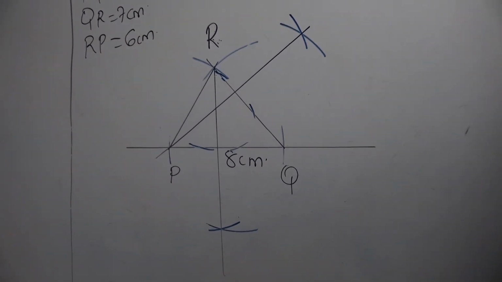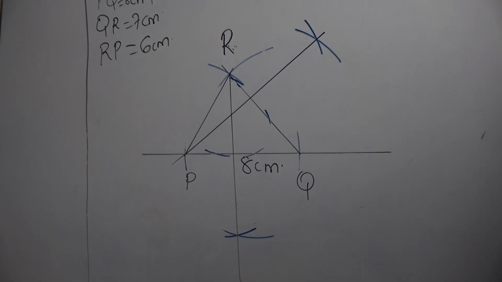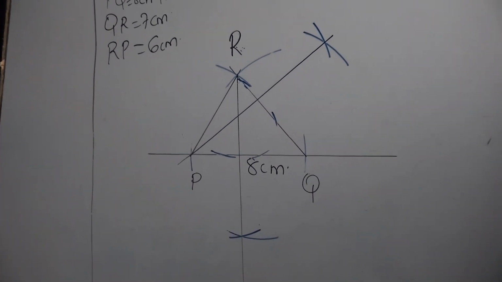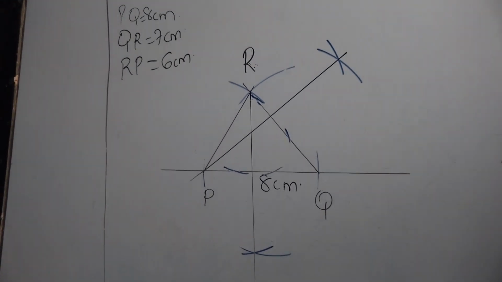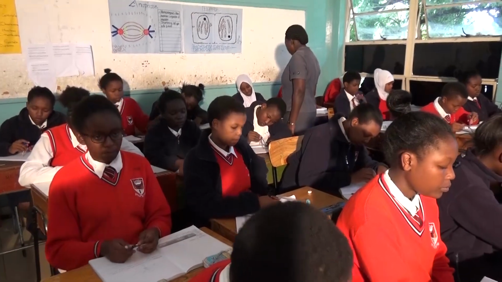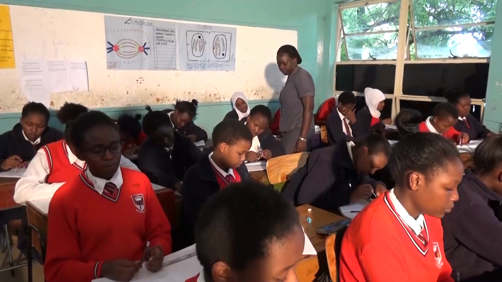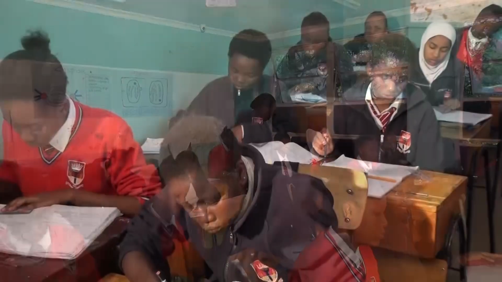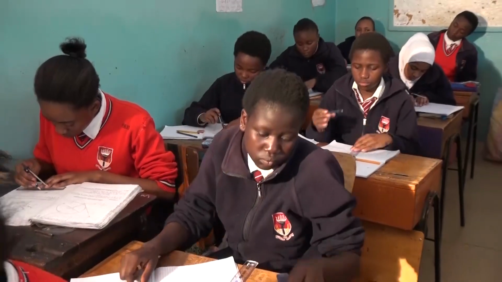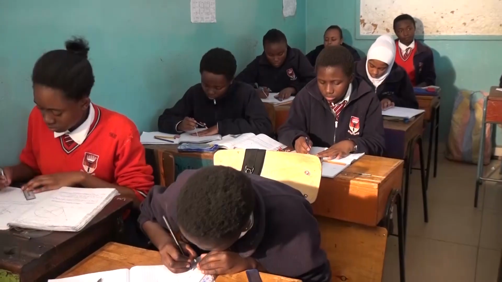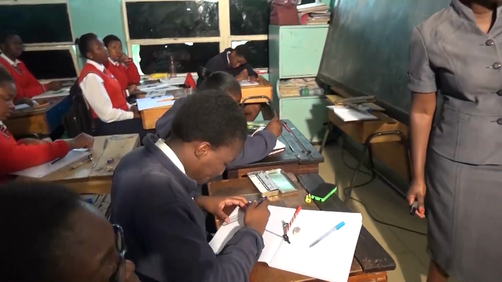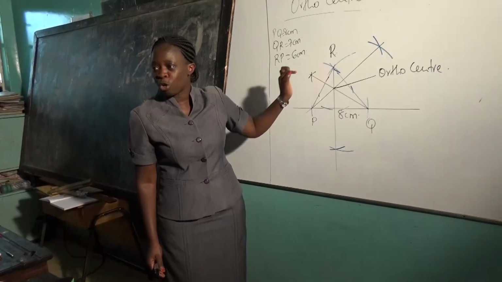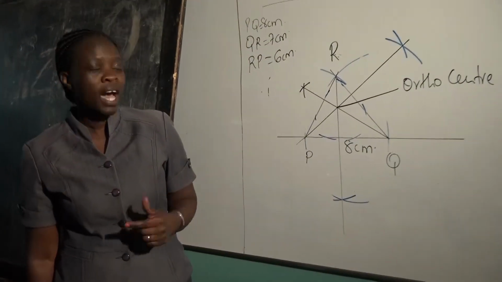So I hope we are moving on well. So we've only created 2 altitudes. We are coming to do the next one, which is a little bit direct, because at Form 1 we are taught on how to draw perpendicular from a point.